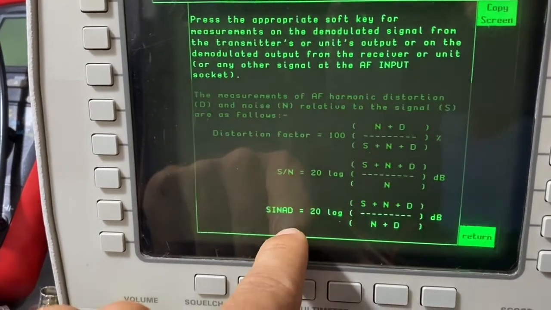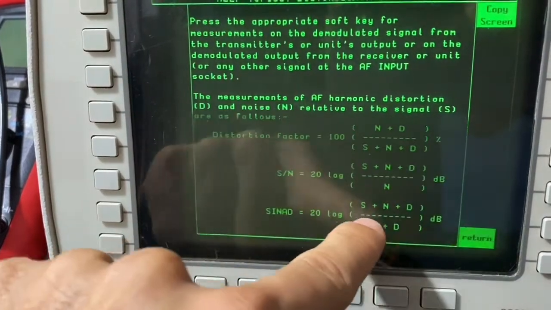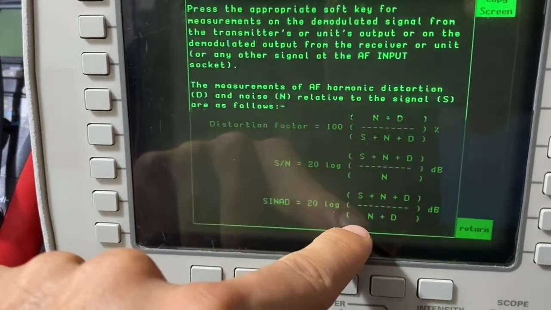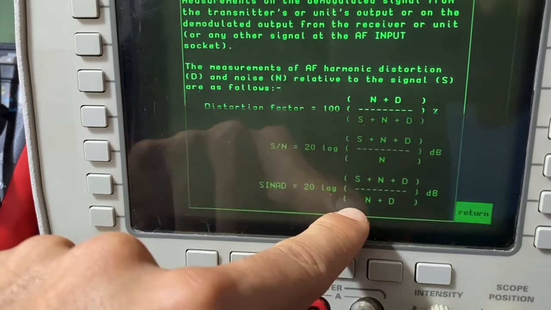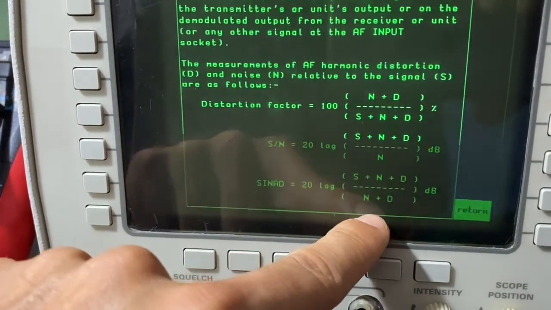Whereas in the SINAD, we compare once again the three elements, but we will compare those elements to the noise and the distortion as well.